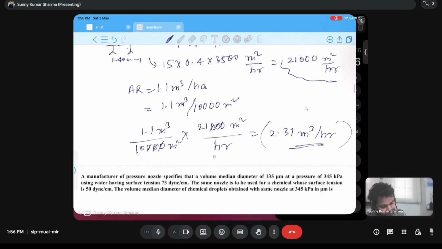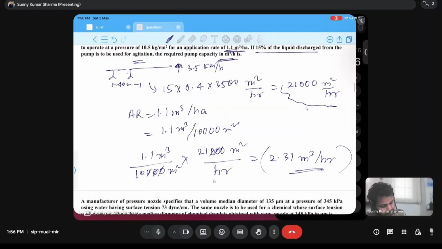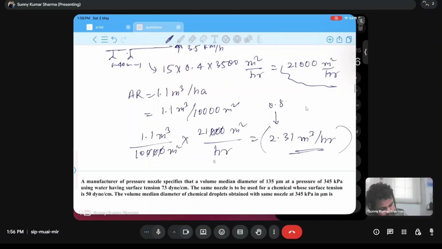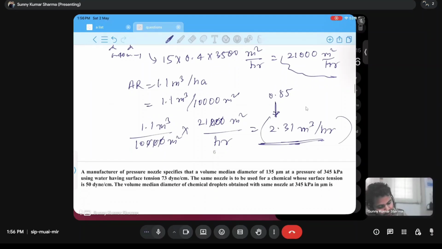So this is 85%. This is 0.85, or 85% is 2.31 meter cube per hour, because 15% was used for agitation. So this value is 0.85. So what is 100%? 2.31 divided by 0.85.